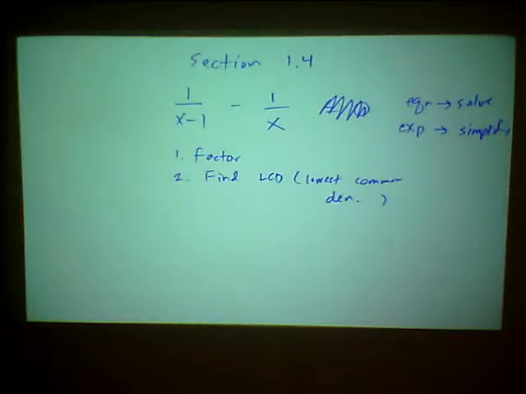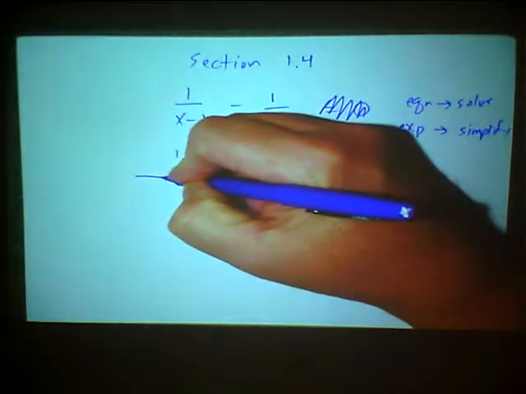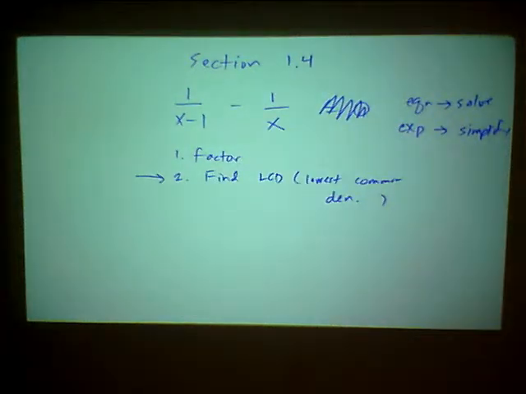So we are going to factor when we simplify these expressions, but I'm not going to take the time to describe factoring. The goal of this video is to talk about the second step. When you're given rational expressions, how do you look at them and find the lowest common denominator? It can be a little tricky at first, although once you do it for a while and get the hang of it, it's not too difficult.